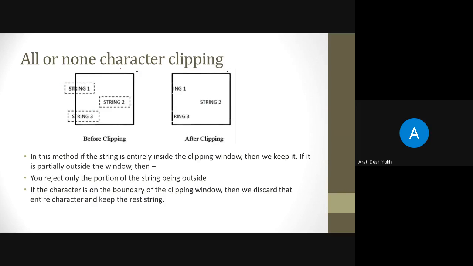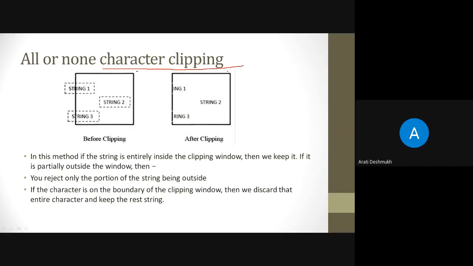Secondly, all or none character clipping. This uses a rigid strategy: it clips the entire text string even if only a single character is outside the window boundary. In this method, we remove only the characters of the string which are not completely inside the window.